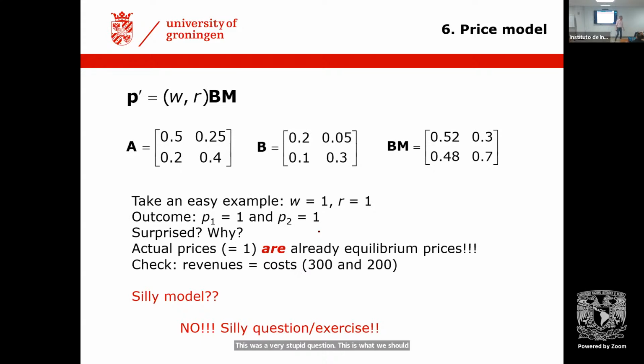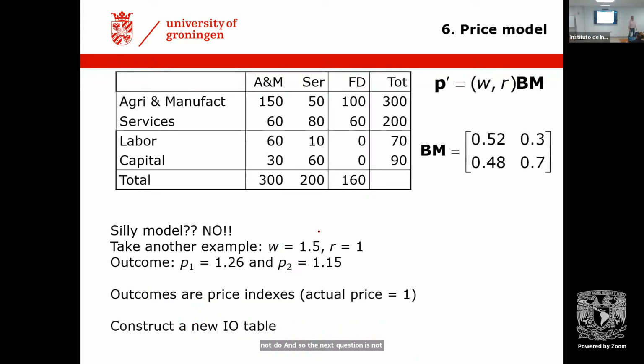And so the next question is, suppose, keeping the numbers easy and manageable, that workers get 50% extra wages and salaries. So in that case, W becomes 1.5, and this becomes 0.78 plus 0.48 is 1.26, and here we have 0.45 plus 0.7 is 1.50.